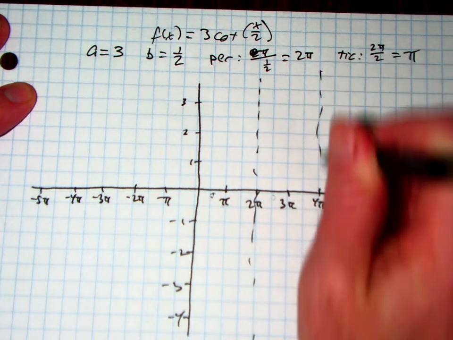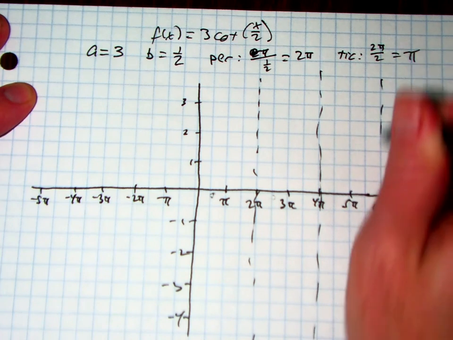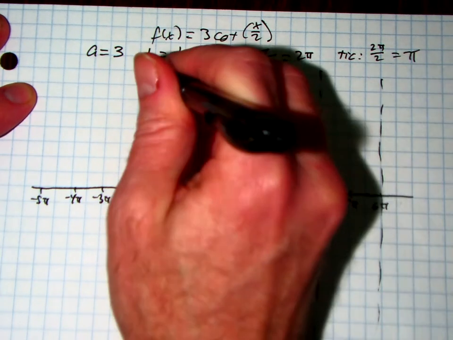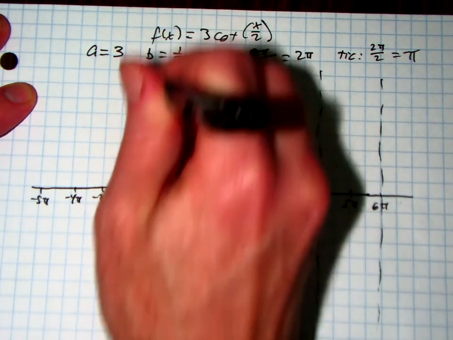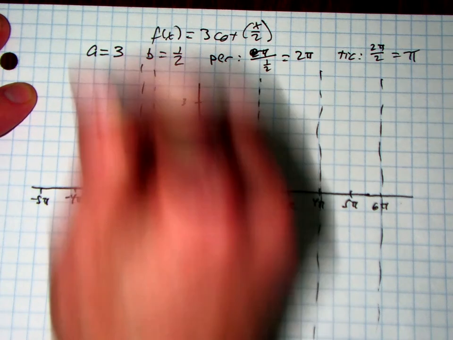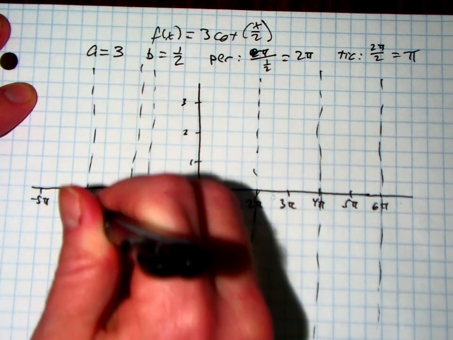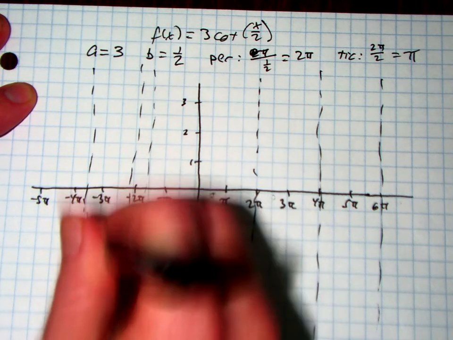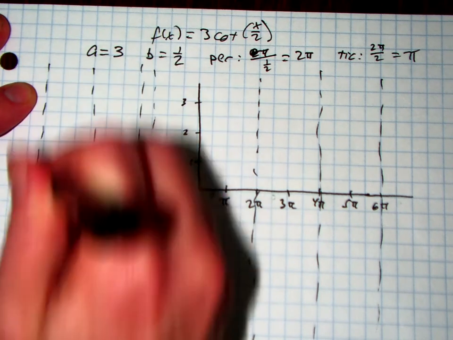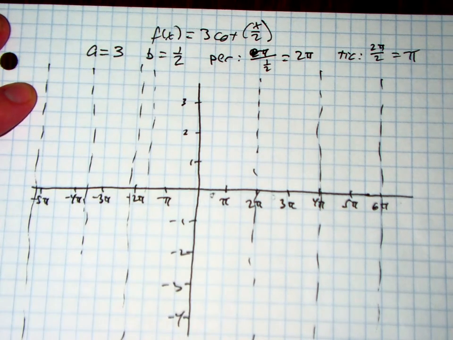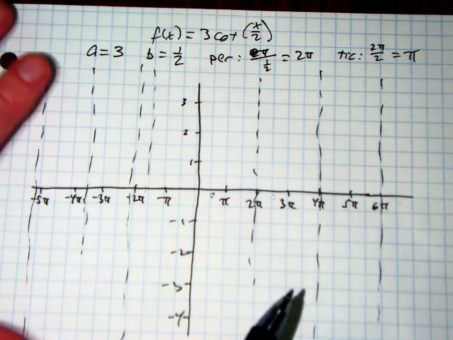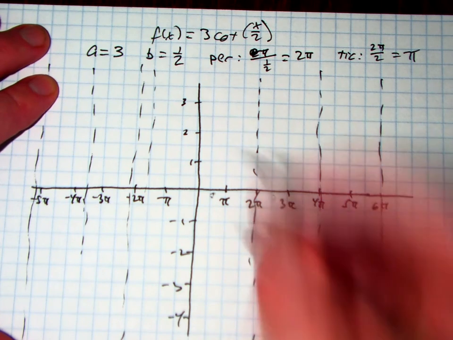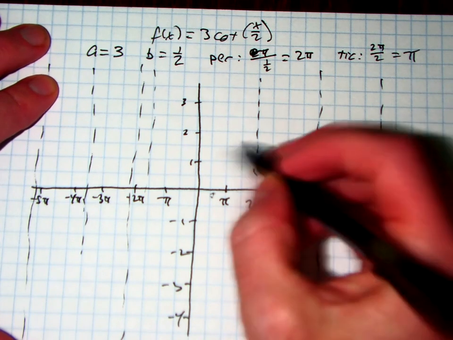4 pi, 6 pi, negative 2 pi, negative 4 pi, I did it again. That's going to be kind of a mess. I apologize about that. But the fact remains.